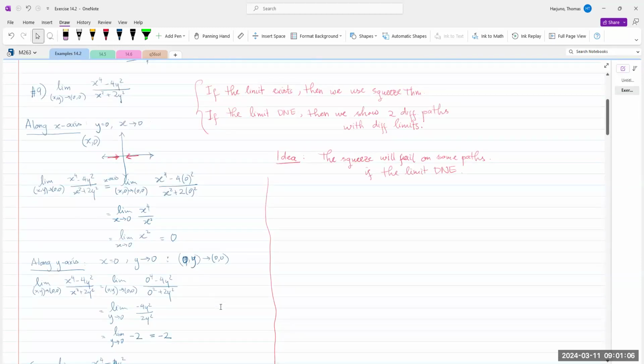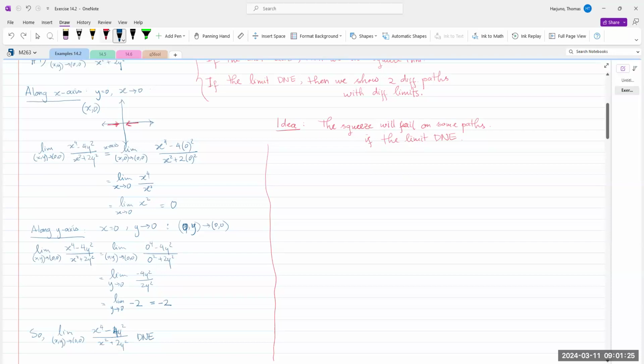Now we come back and ask ourselves, how do you know to start with that the limit does not exist? And if the limit does not exist, how do you find those two paths? My answer is going back to your scratch paper. This is my scratch work, let me use red color. I'm supposed to do this scratch work first.